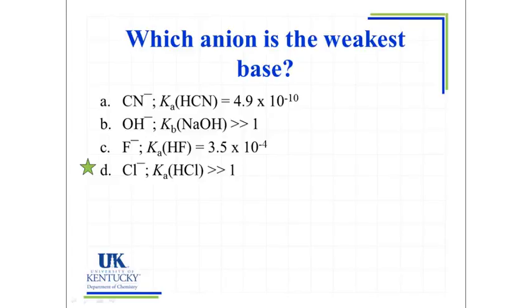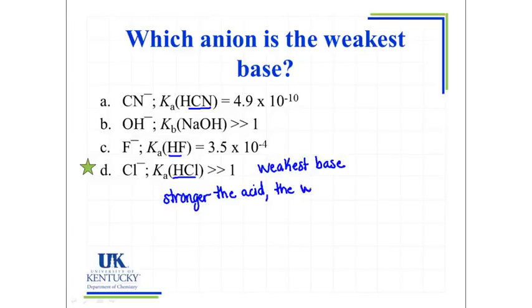And so in comparing our acids, HCl, HF, and HCN, we see that HCl is the strongest acid because it has a Ka value much, much greater than 1. And so Cl- will be the weakest base. Remember that the stronger the acid, the weaker the conjugate base.